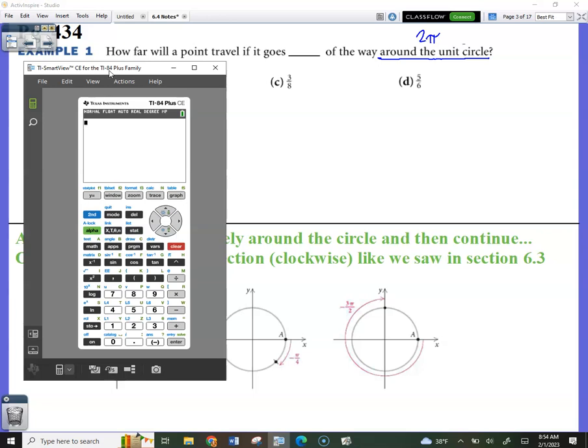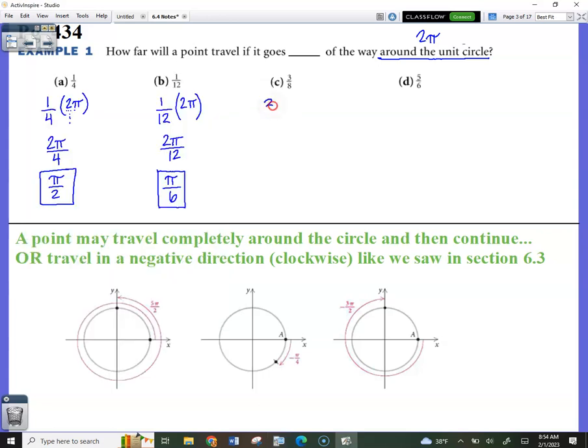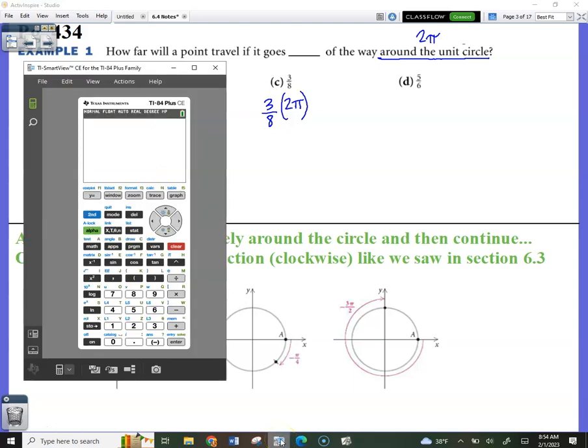Did you get 3 pi over 4 and 5 pi over 3? So what is 3/8 of 2 pi? You can go straight to your calculator and do it. So alpha y equals, don't enter the pi though. If you enter the pi, it's never going to give it back to you as a fraction because pi is irrational.